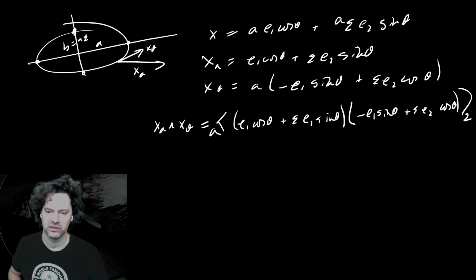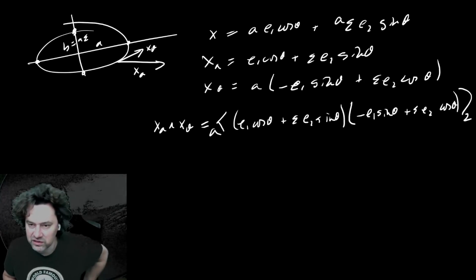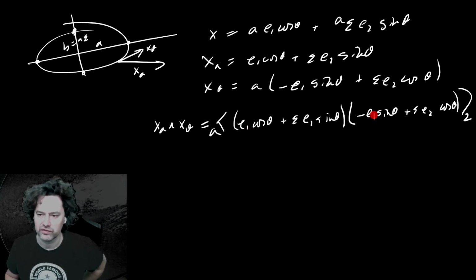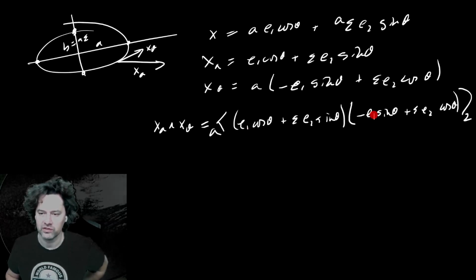Select grade 2. So we do this selection here. We have e1 times e1, which will give a factor of 1. So we have minus 1 cos theta sine theta, but that has no grade 2 component, so we can ignore it.